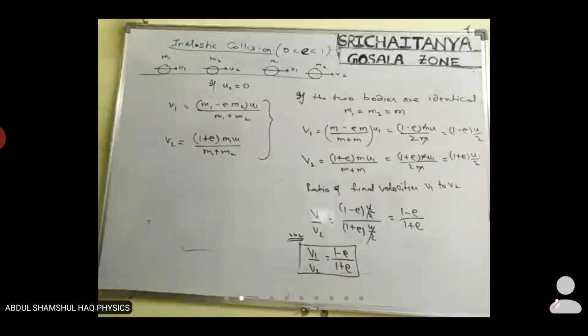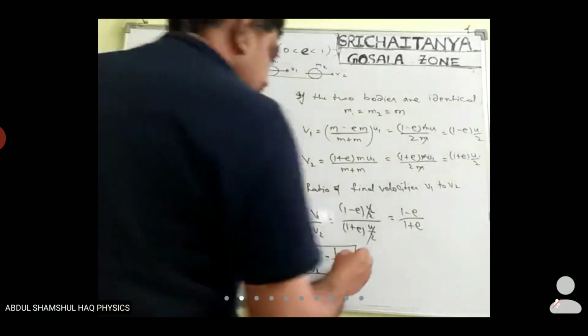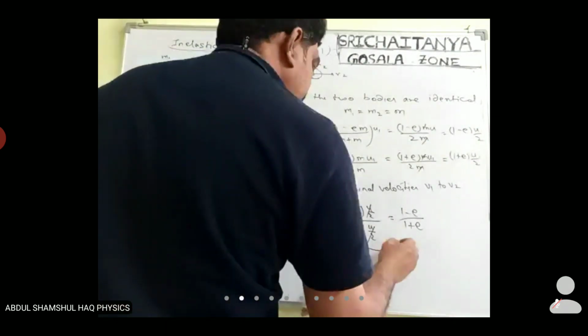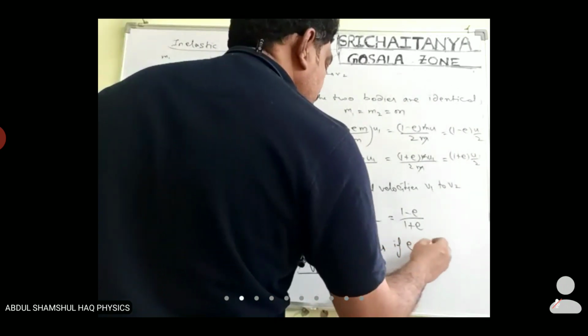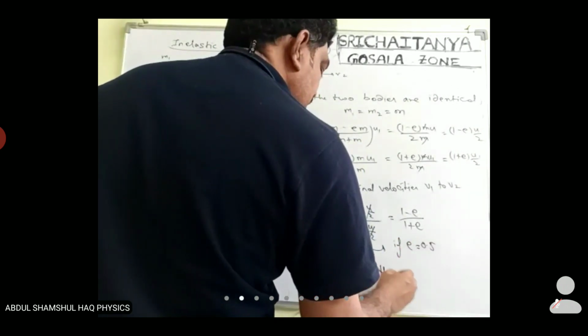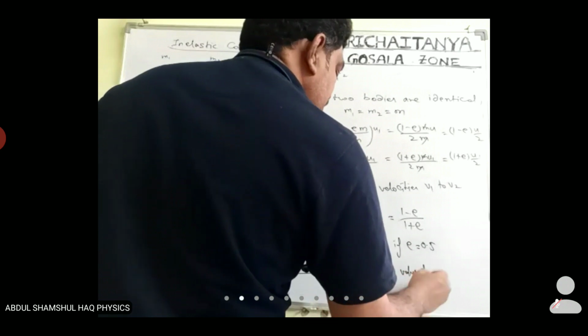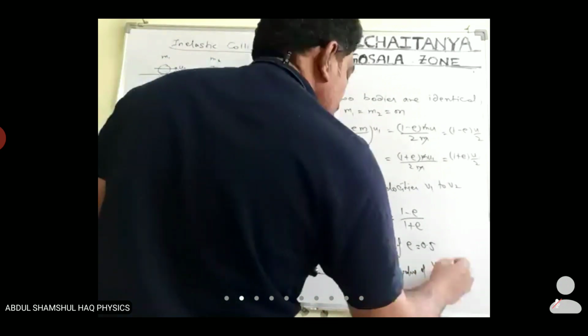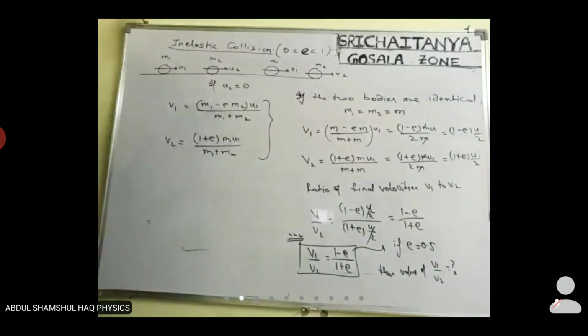Suppose in this case, students, if the restitution ratio equals 0.5, then the value of V1 upon V2 is how much? Please tell that value.